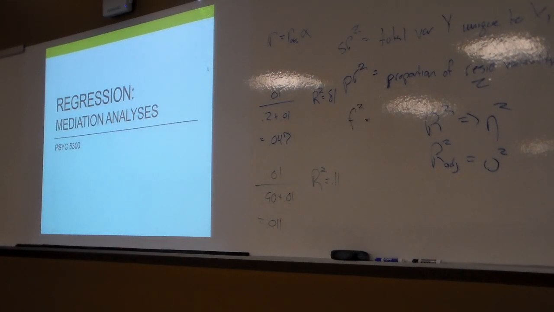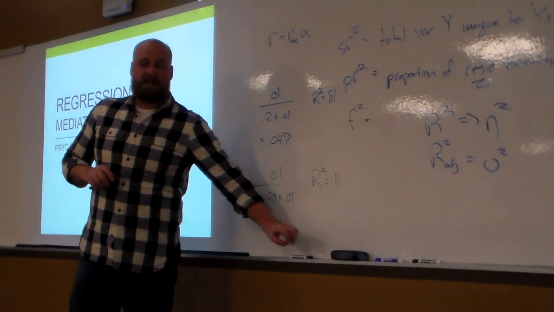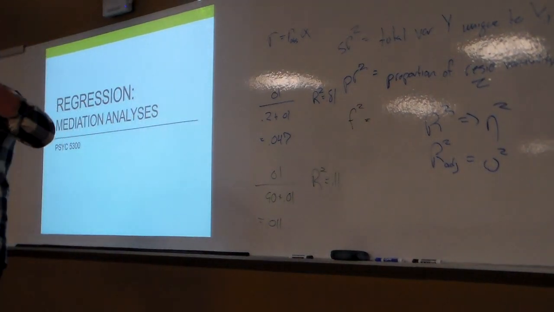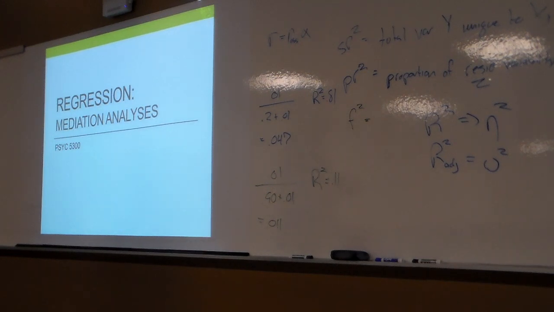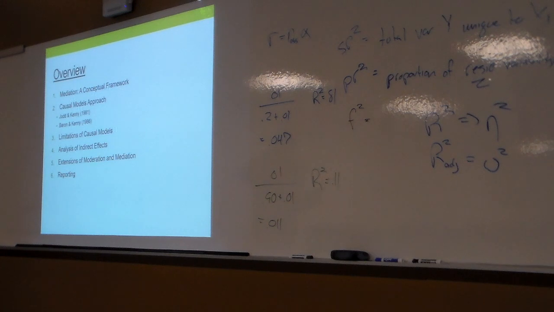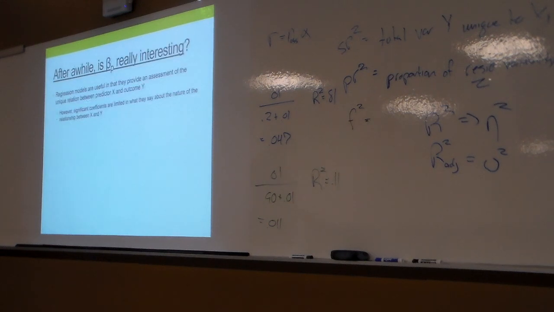The nice thing about this is that mediation analyses, from the perspective of analytical work, are much more straightforward than all the stuff we've been working with in our moderation models. A few classes back, we started out talking about to what extent our first order regression models are interesting.